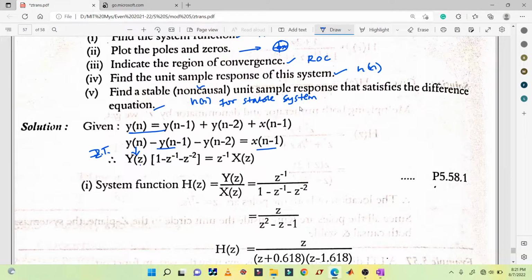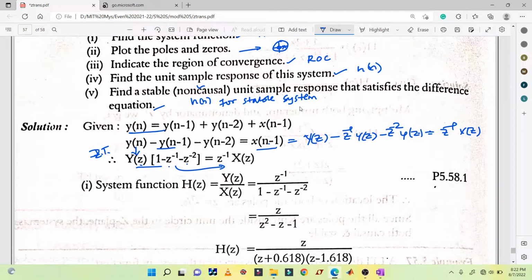So taking out Y of z as common, let me write it here. Y of z minus z inverse Y of z minus z inverse square Y of z equal to z inverse into X of z because of the x of n minus 1 term. Okay, so taking Y of z as common, we will get 1 minus z inverse minus z inverse square.